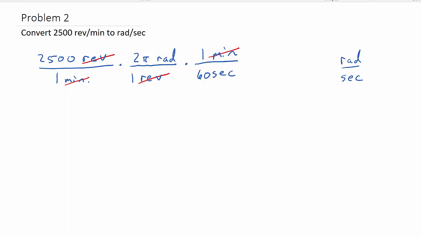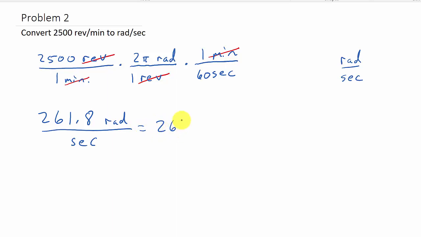We get 2500 times 2 divided by 60. So that is going to give me 261, and I'll round it to one decimal, 261.8. And that is radians per second.